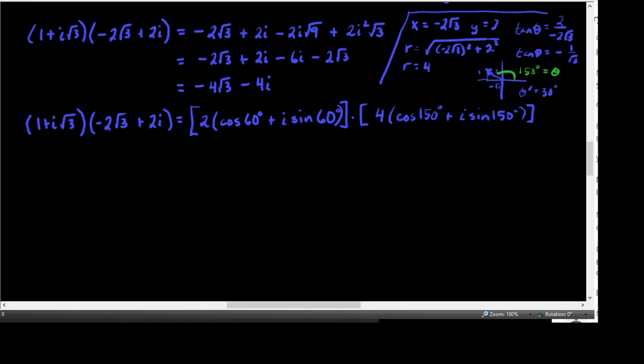Okay, so the numbers 2 times 4 will be multiplied, and then we'll have a binomial that's cosine of 60 degrees plus I sine of 60 degrees times cosine of 150 degrees plus I sine of 150 degrees.